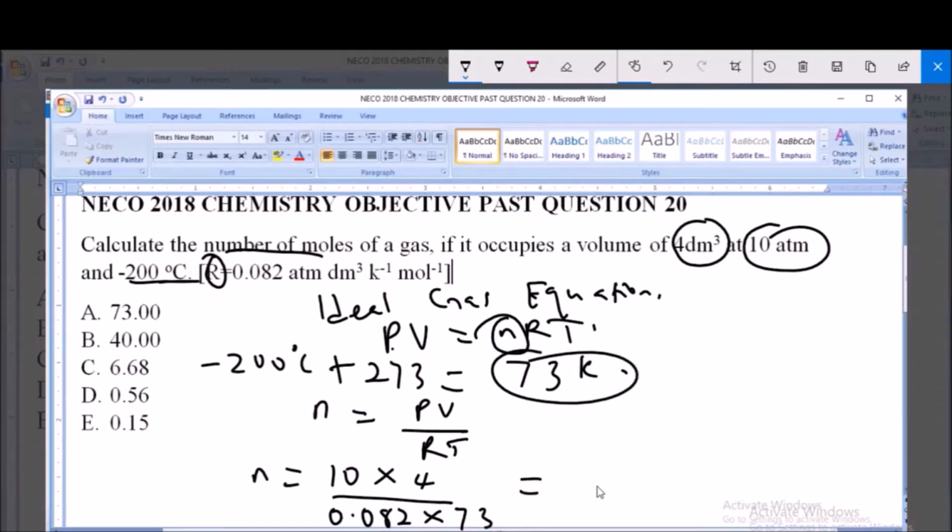This is equal to 6.68 moles. So the number of moles is 6.68 moles. 6.68 is option C, the correct answer to this question.